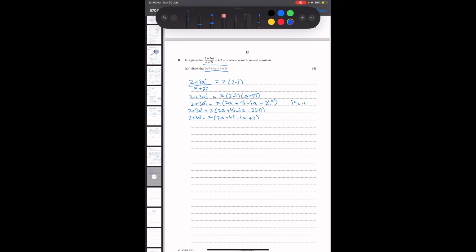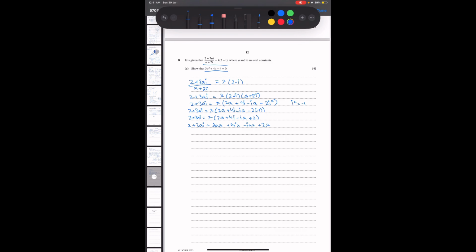And now we'll expand it, multiplying each of these terms with lambda. 2 plus 3ai is equal to 2a lambda plus 4i lambda minus ia lambda plus 2 lambda. Now when you've reached this point, how are you going to know how to solve it further? It's basically what we studied in solving complex equations: the real part is equal to the real part and the imaginary part is equal to the imaginary part.